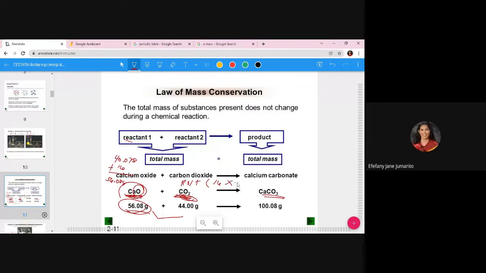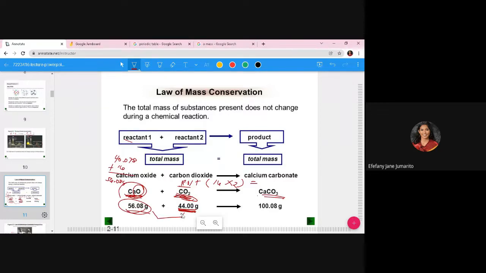So we multiply by 2, 16 times 2 is 32. Plus 12 for your carbon, that is 44. So we have 44.00 grams.